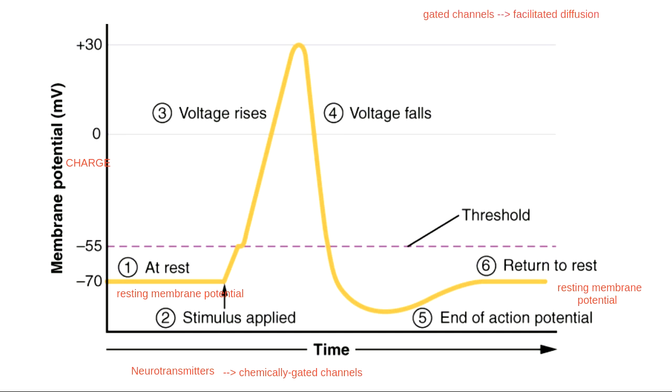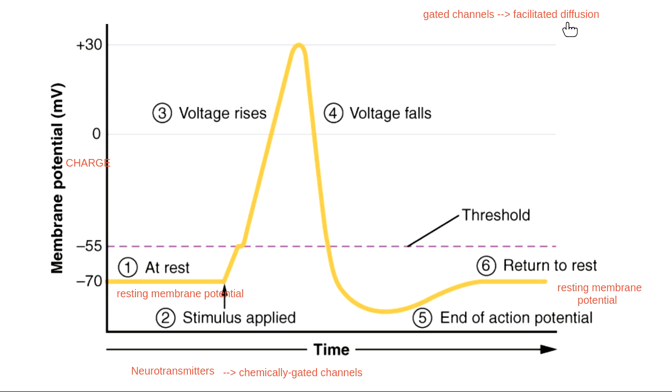That would be an underline, highlight, star idea for you. All of my kinds of gated channels, chemically gated channels, voltage gated channels, mechanically gated channels, all of my channels help me to do facilitated diffusion.